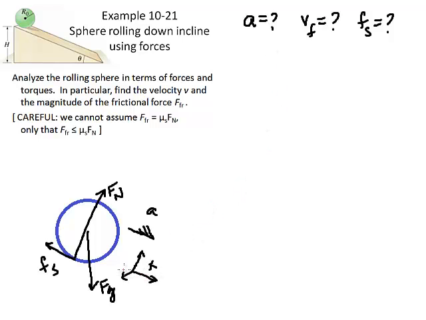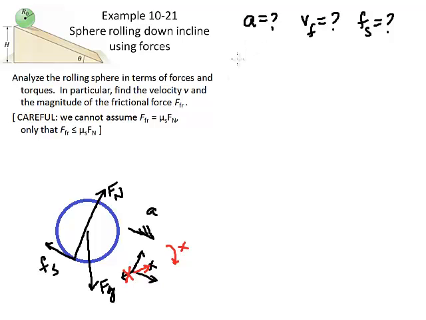Instead of out of the page as positive, we're going to put the rotation axis back off into the screen. So a clockwise rotation is going to be a positive rotation.